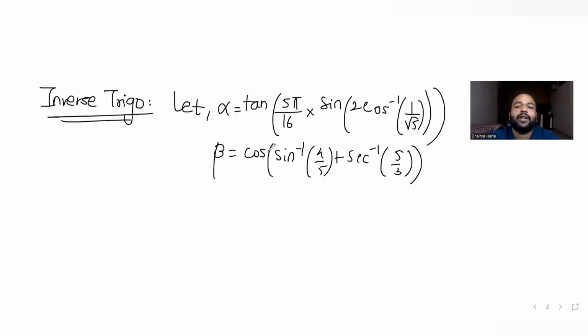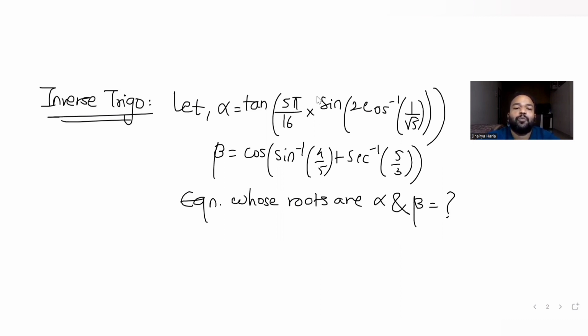That is the entire expression given to us for alpha and beta, where we have been told that the inverse trigonometric functions take the principal values, and we have to find the quadratic equation whose roots are alpha and beta.